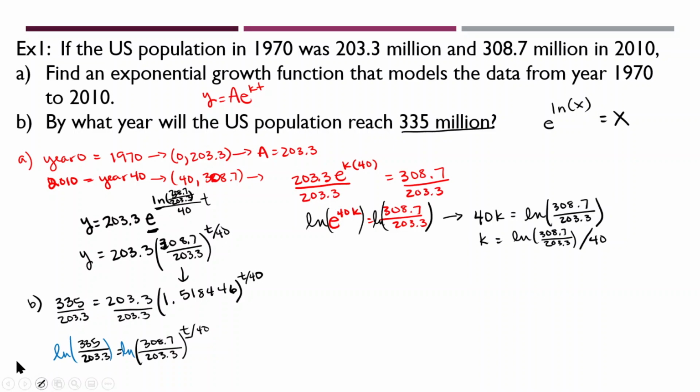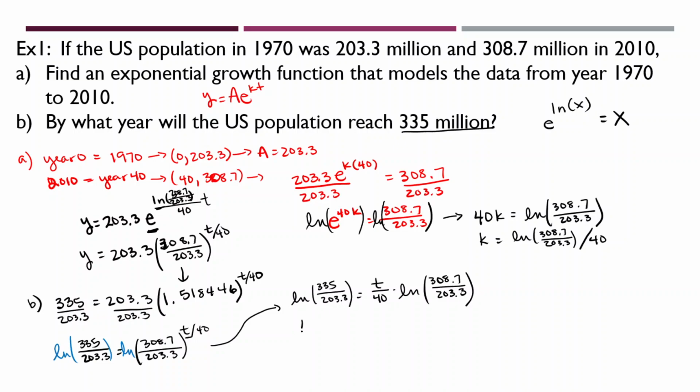Then we end up with the natural log of 335 over 203.3 equals t divided by 40 times the natural log of 308.7 divided by 203.3.